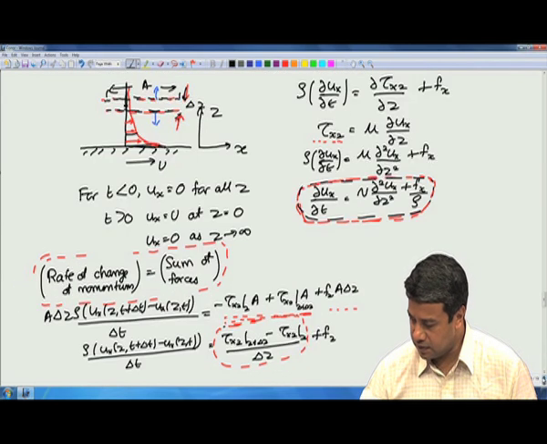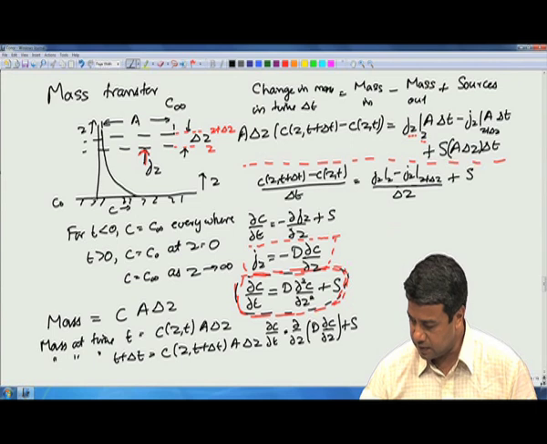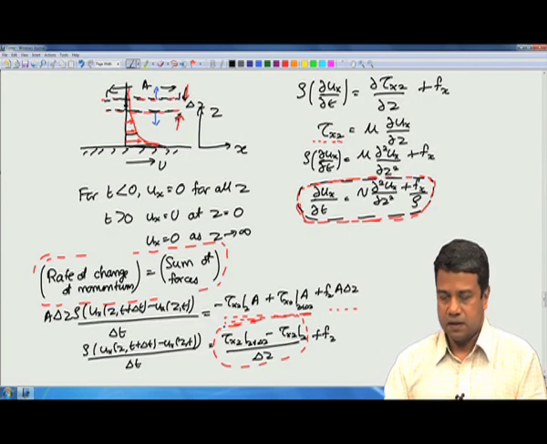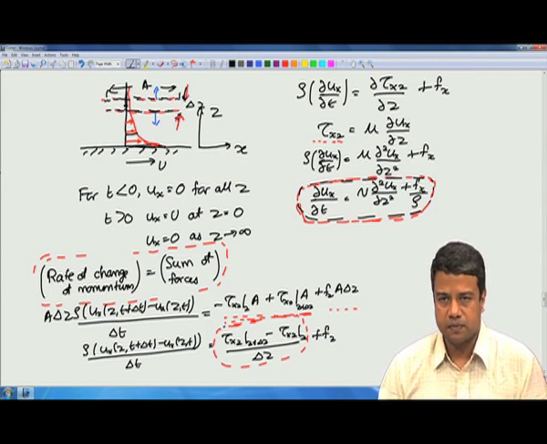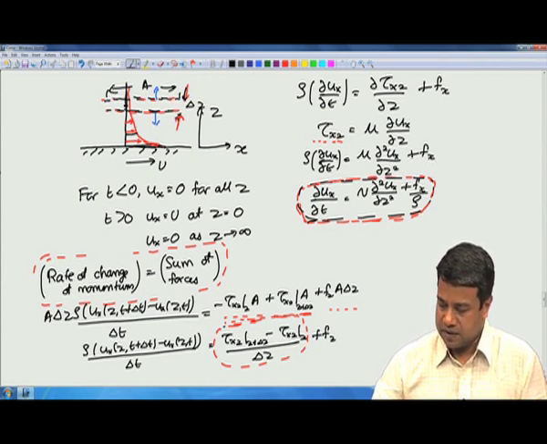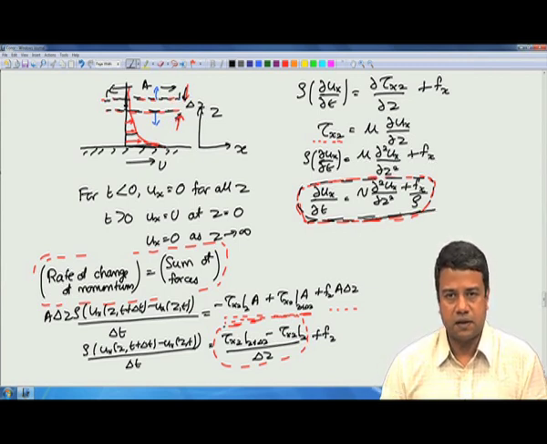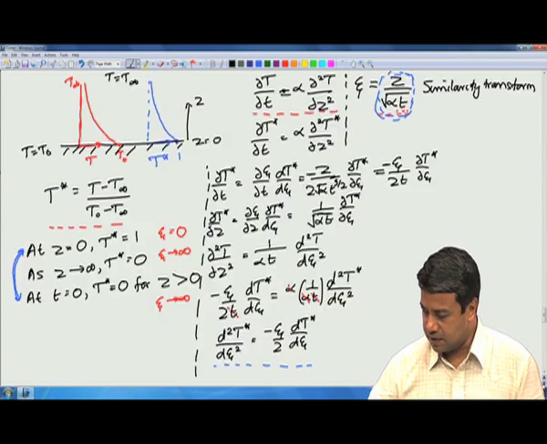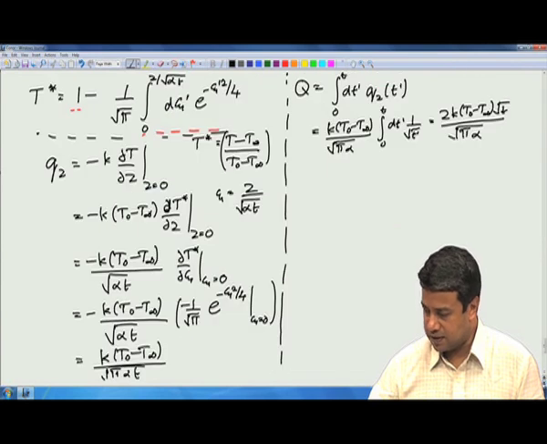Similarly, I could solve the momentum transport problem as well. In this case, we are looking at the transport of x momentum in the z direction. The equation that I ended up with was exactly the same. Therefore, for this equation, the solution will once again be exactly the same.